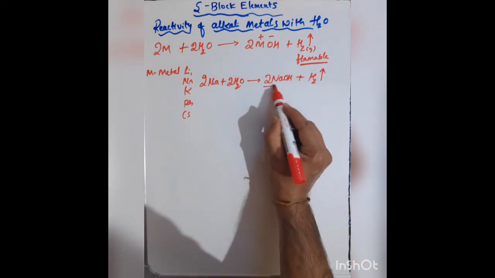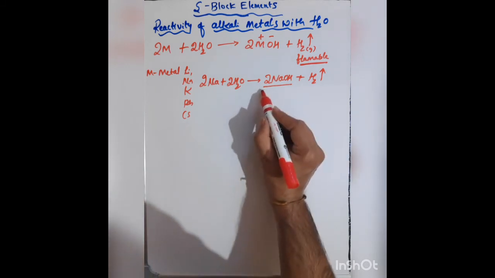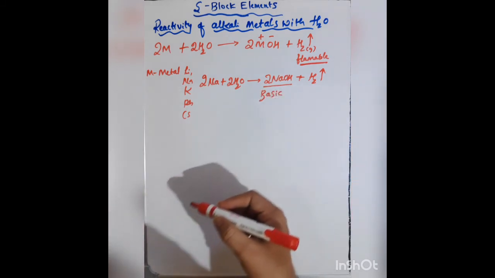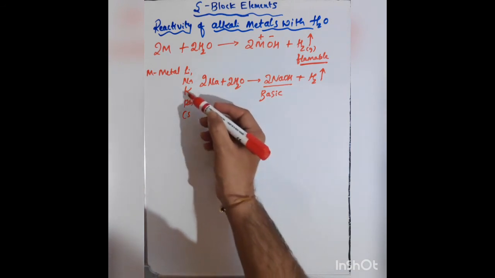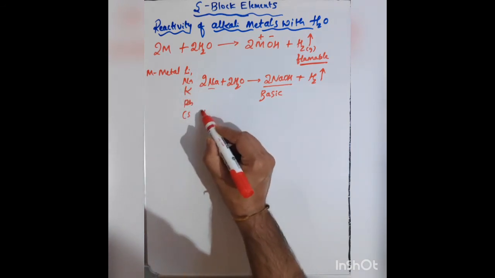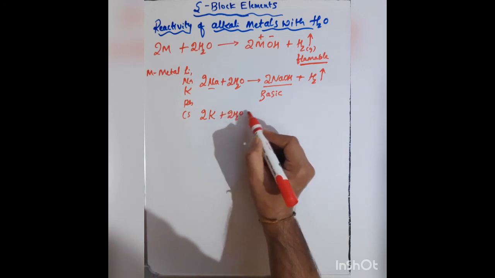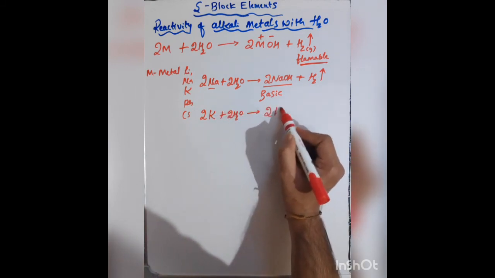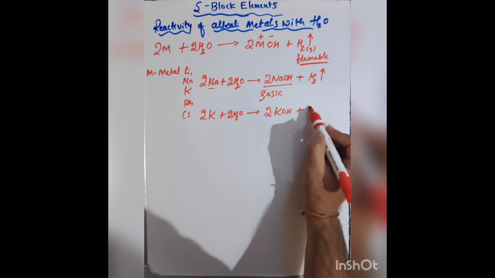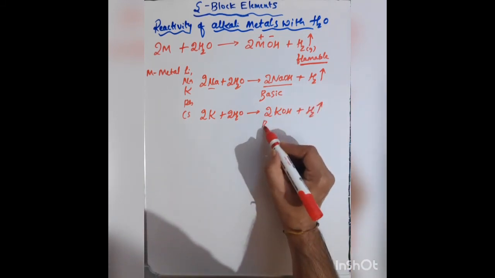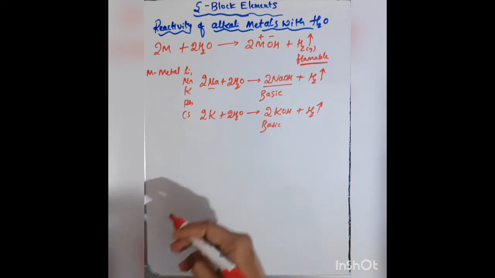Here, sodium hydroxide is a basic solution. In place of sodium I can take potassium also, with 2 molecules of water. I will get 2 KOH plus hydrogen gas, and KOH is also basic.